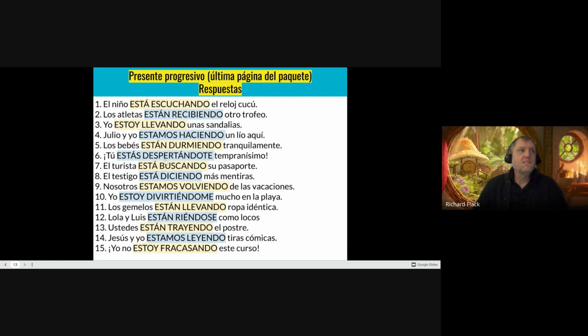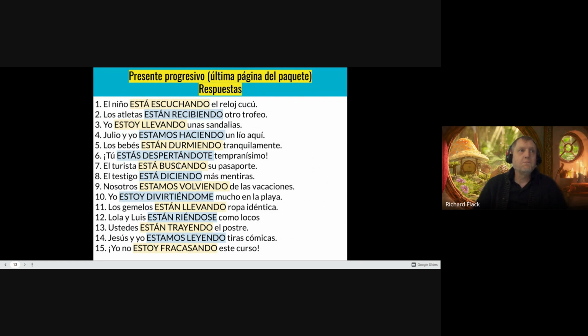Tú estás despertándote tempranísimo. You are waking up super early. Okay, so this one, we had a reflexive verb, despertarse, right? So we had to put te on the end. Remember that reflexive verb pronoun, even though it's on the end, it still has to match our subject, tú. And we had to put a tilde over the a of ando.